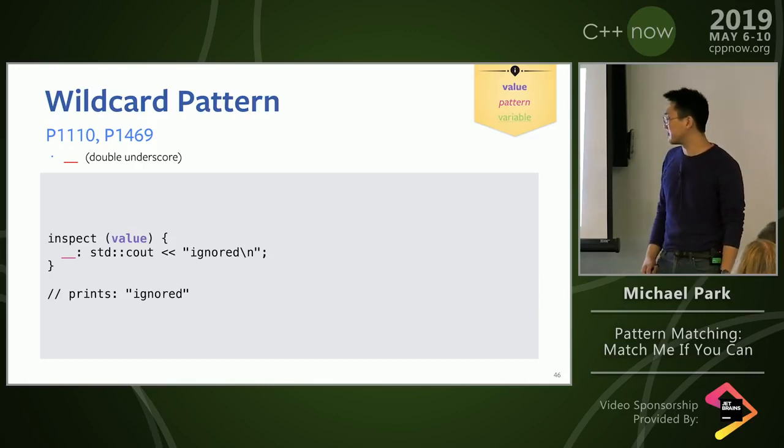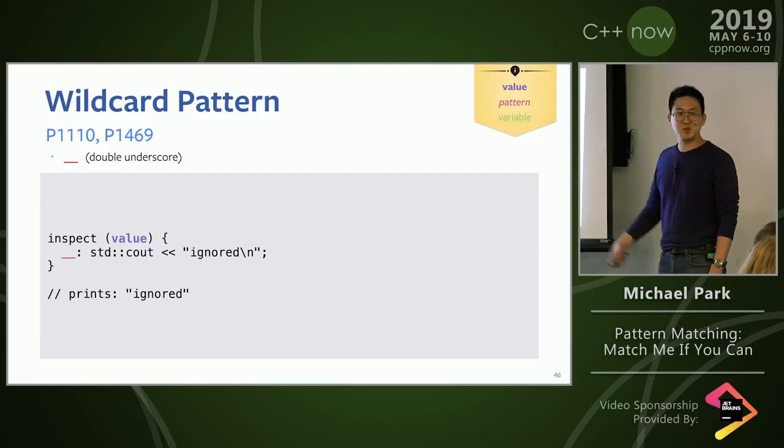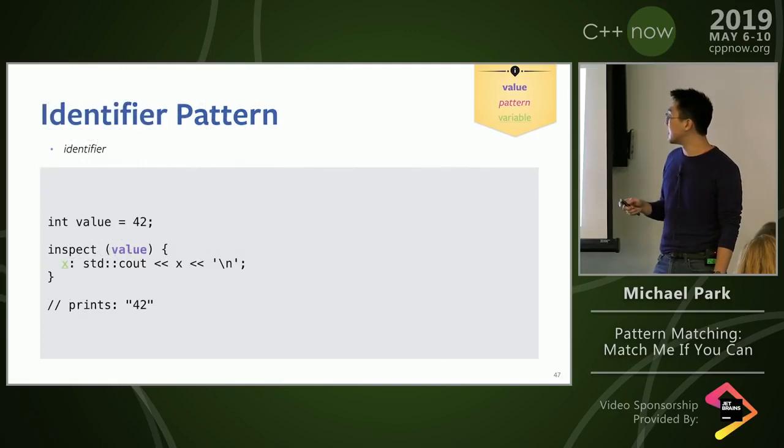So underscore, I don't even need to explain what it does, right? But the actual implications in C++ are pretty complicated. Anyway, it matches anything, gives you nothing, doesn't bind anything, but it'll always match. And you can nest those.